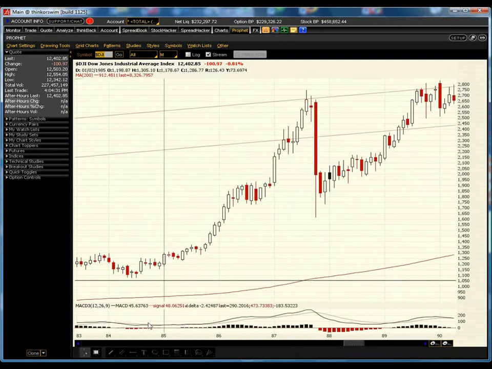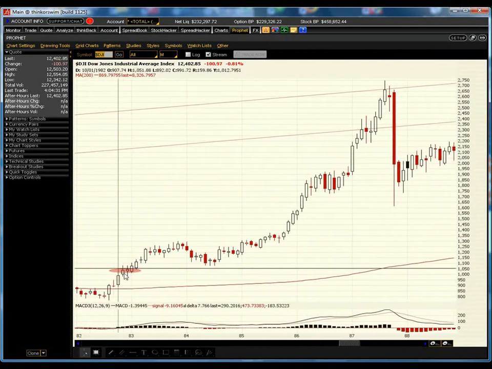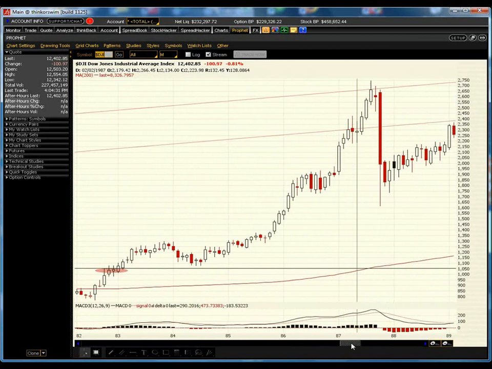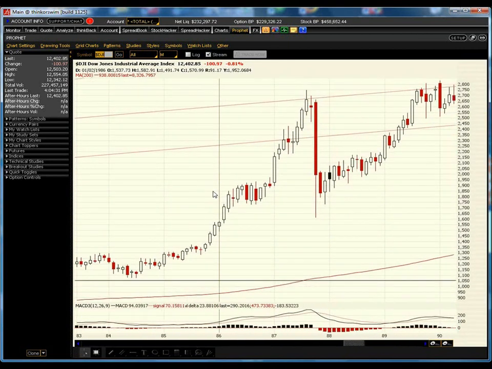And from there, from 1983, when the market broke through, you could see that we had a tremendous run up all the way to mid 1987. And that's why we had an exuberant run up.